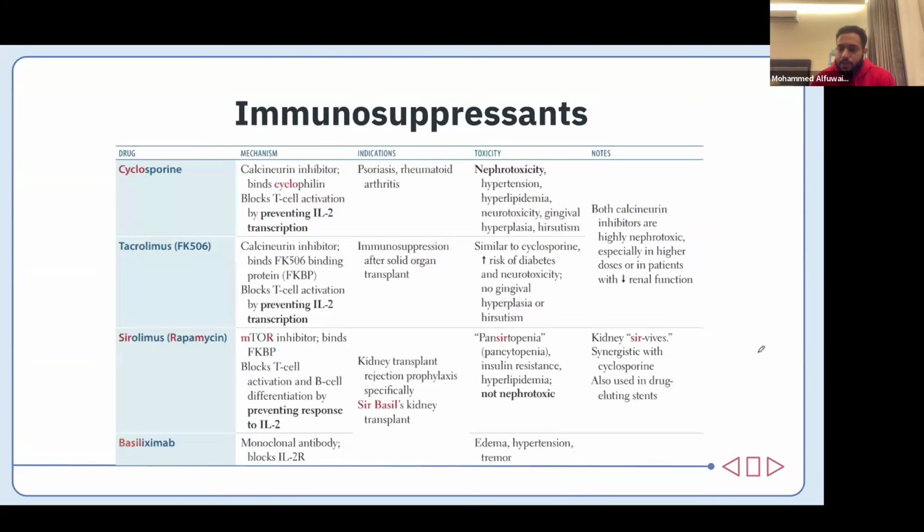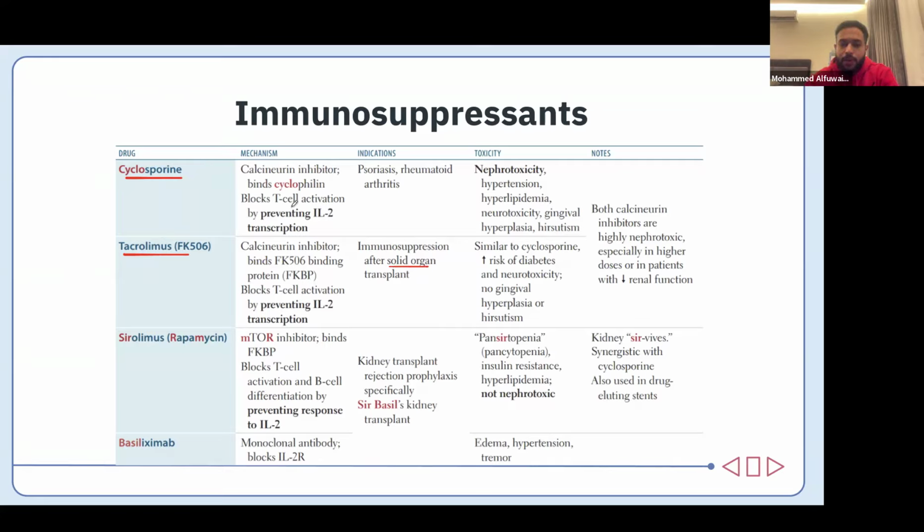You know most of these already from MSI, so it's mostly repetition. You have, for example, the calcineurin inhibitors, such as cyclosporine and tacrolimus. Tacrolimus is usually given after solid organ transplant, such as renal transplant.